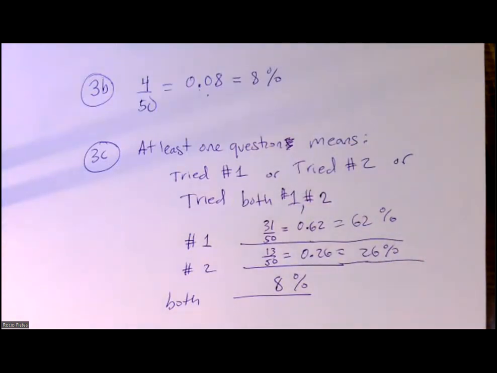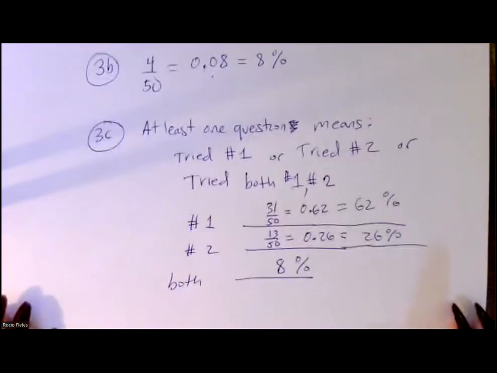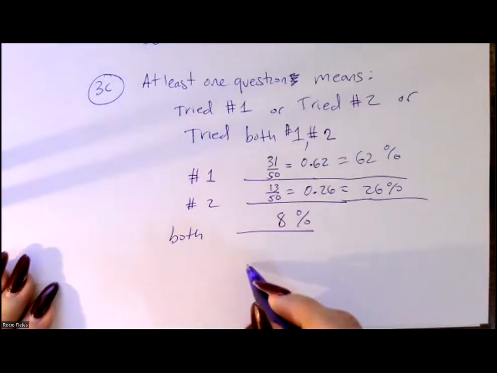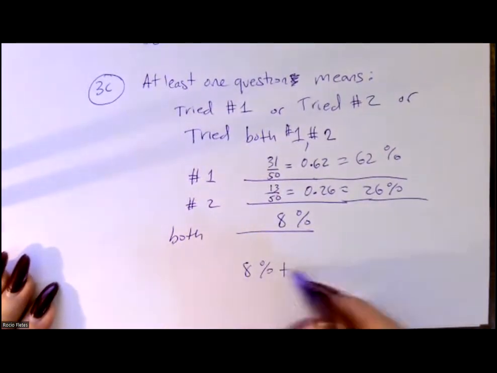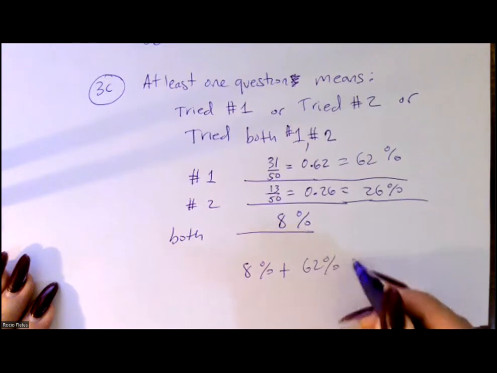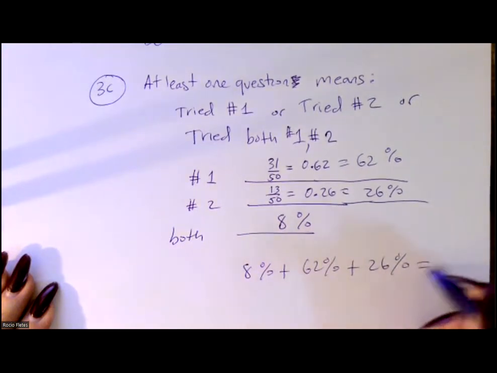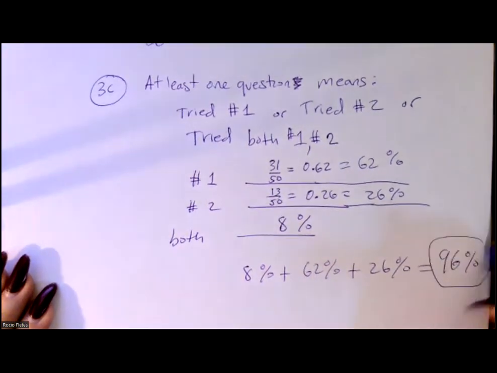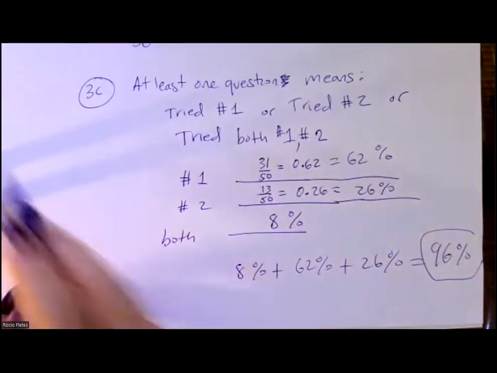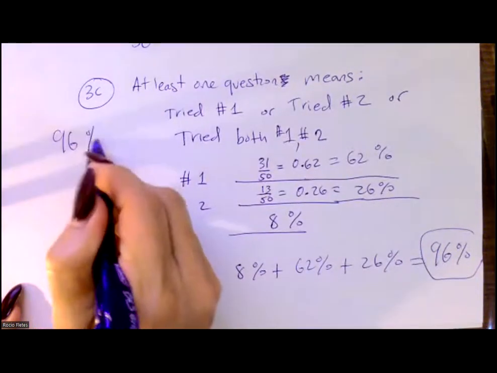So it's going to be 62 plus 26 plus 8. You need to add the 8% plus the 62% plus the 26%, and you get a total of 96%. So the answer for 3C is 96%.